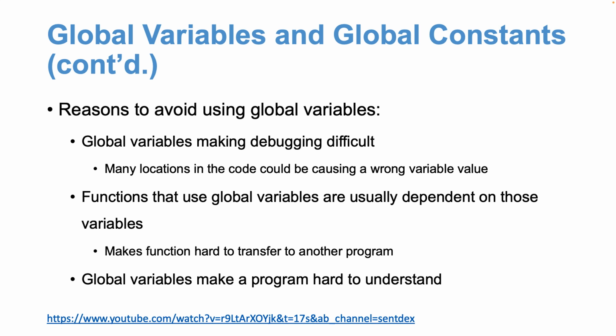It's very frustrating and hard to transfer to another program. So as we write more functions and break down our programs into simple parts, we always try to use only local variables.